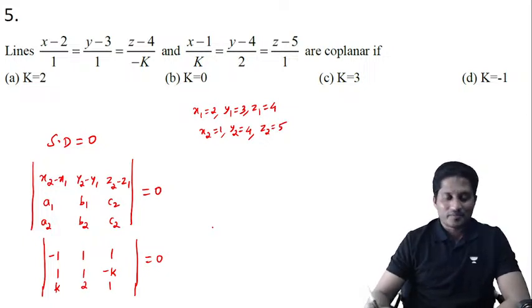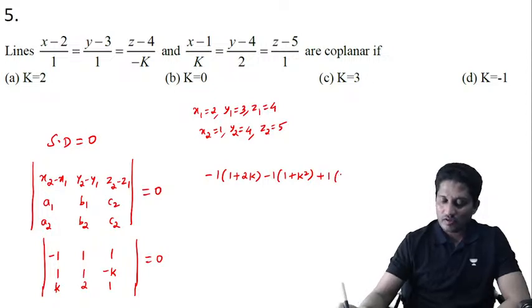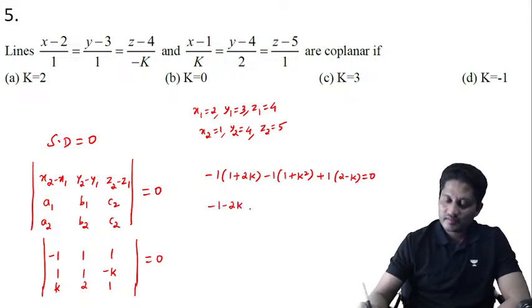Now if I simplify this: minus 1 into, delete first row first column, you get 1 plus 2k. Minus 1, delete first row second column, you get 1 plus k square. Delete first row last column, you get 2 minus k is equal to 0. Minus 1 minus 2k, minus 1 minus k square, plus 2 minus k is equal to 0.